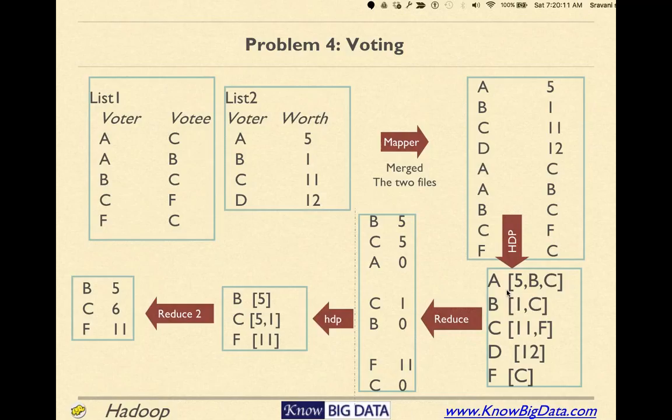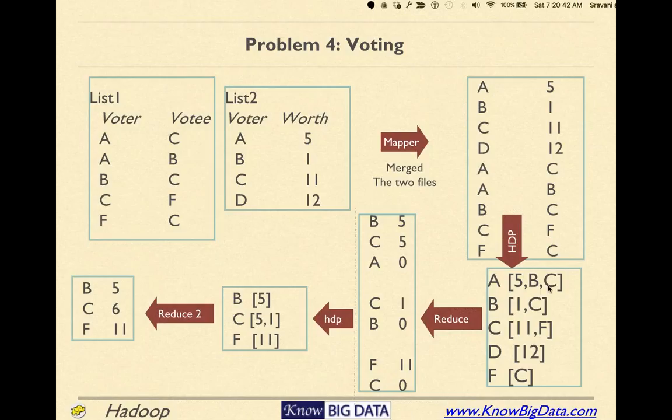We take B and C and reward them 5 each, because A voted for B and C, and A's worth is 5.